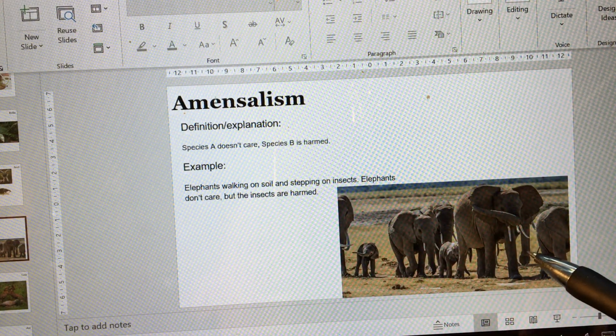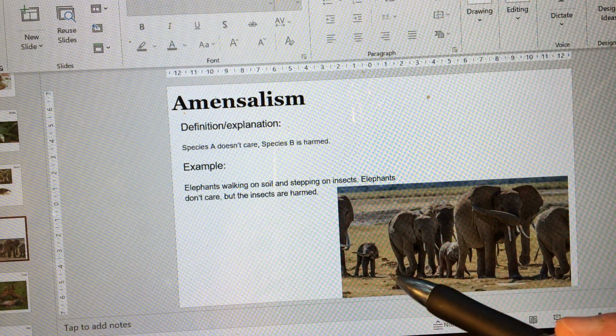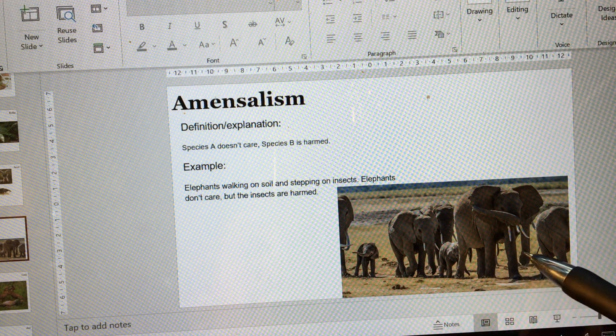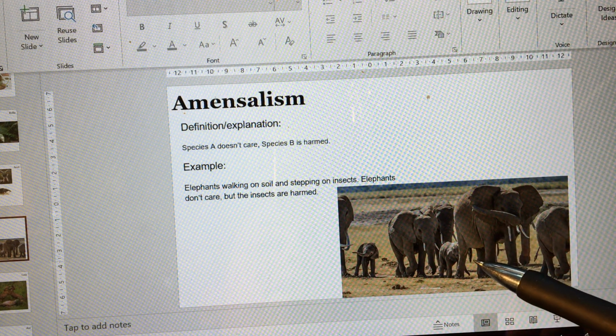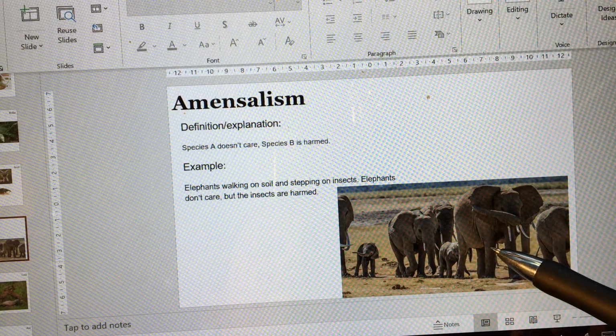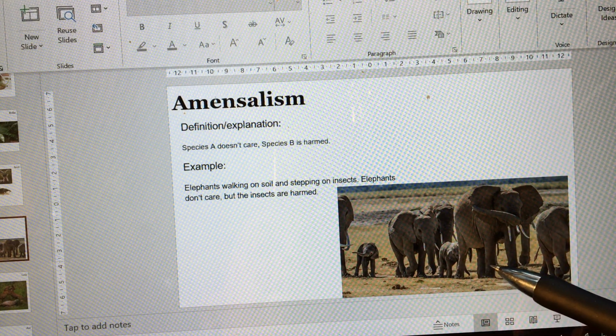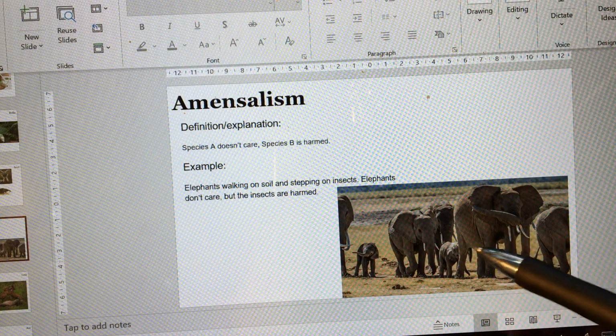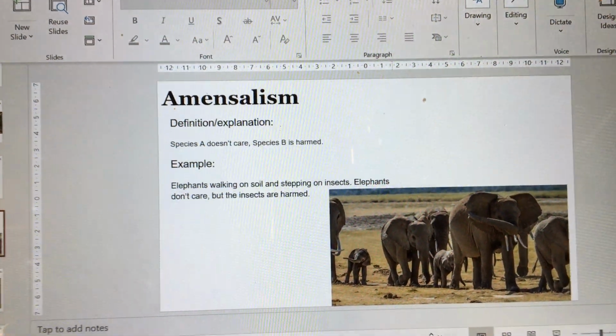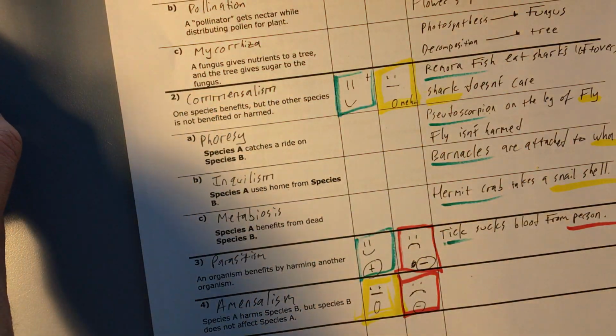Another example would be these elephants. They're walking along. They're probably stepping on some insects and smaller animals and killing them. The elephants don't really care. They're not getting benefits from killing other animals by stepping on them, but it just happens to be a byproduct of their travel, okay? So the insects are experiencing harm from the elephants, okay?